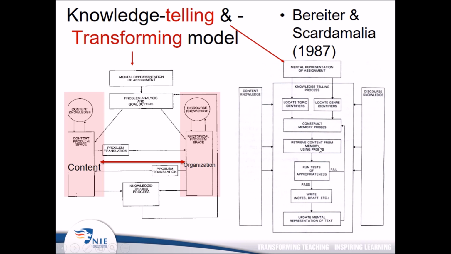So it really reminds me of top-down processing here. Then there is a test of appropriateness. If it fails, then the process starts again, and it's like a loop. If it keeps failing, it goes back again, and so on. Then if it passes this test, you start to write. You write your notes, you draft, and so on.